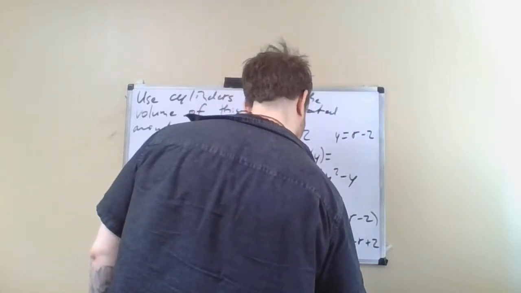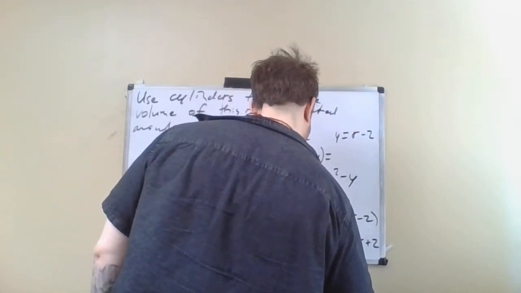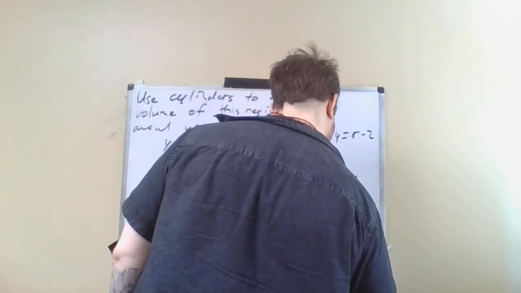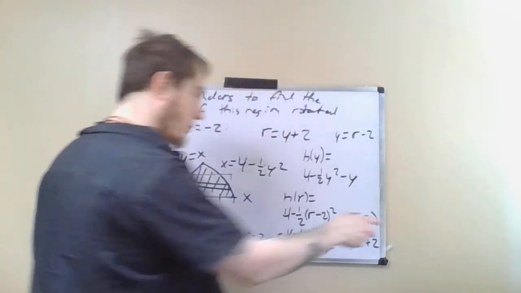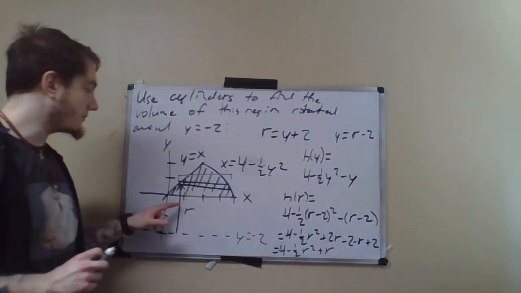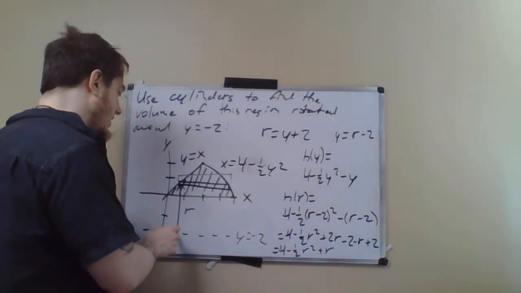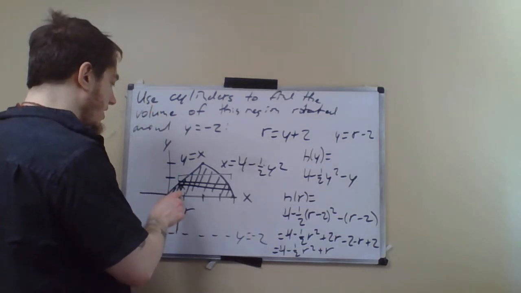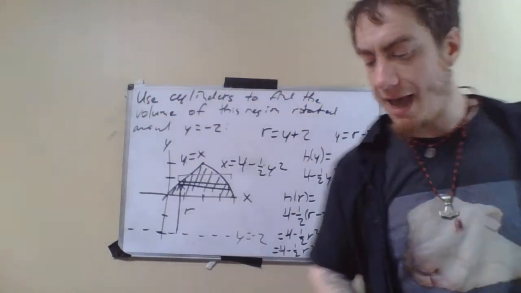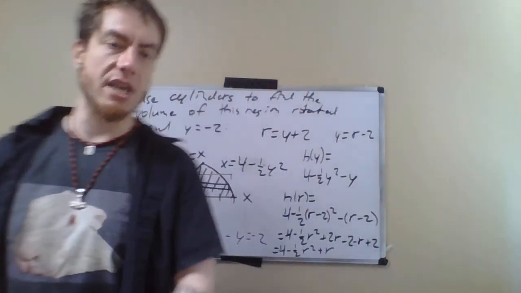And so that becomes 4 minus 1/2 r squared plus r when we simplify everything down. So that is our height as a function of the radius, and then we are going to be integrating from a radius of 2 up to a radius of 4. And that's all we have to do to set this thing up.